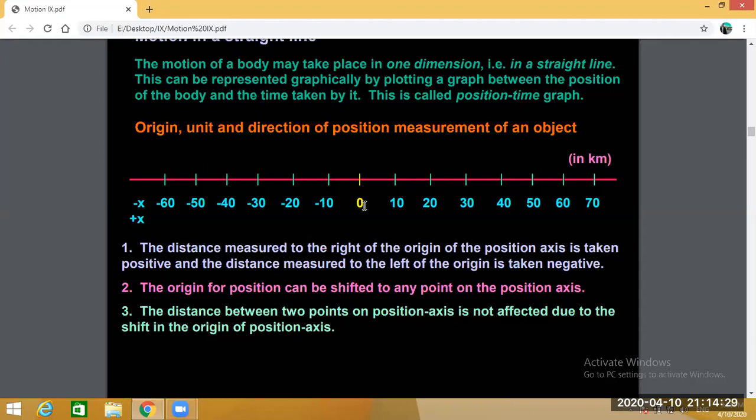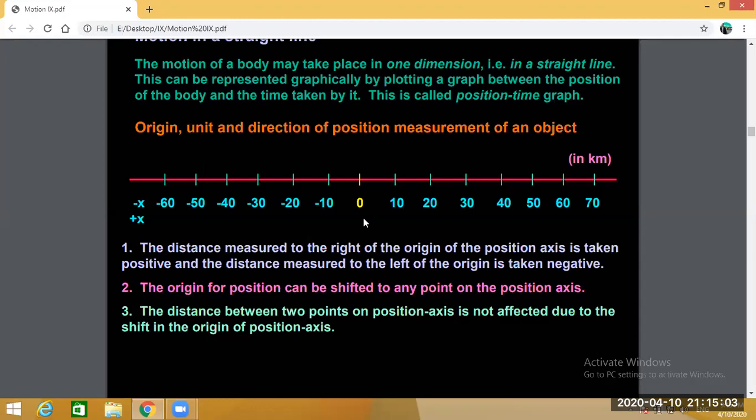Therefore, mathematically, a reference point is taken as a fixed point on the page or plane, with respect to which the position of the moving particle is to be specified. This fixed point is also called origin. So here this is O for origin, and on the number line you can say this as 0.